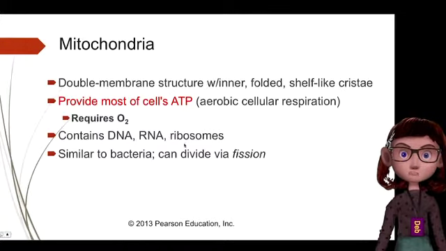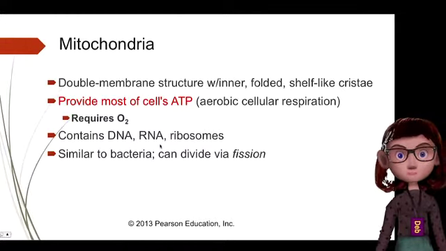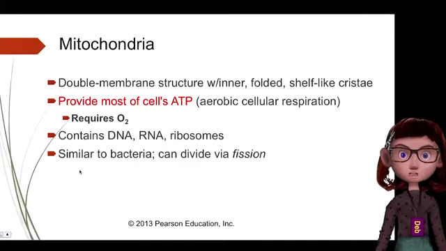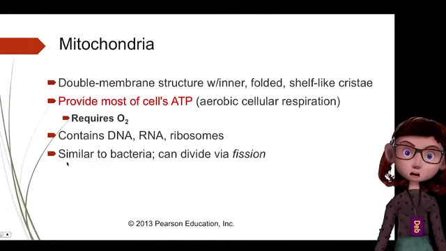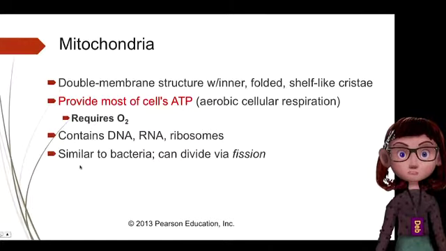And this is one of the clues that led scientists to come up with what we call the endosymbiotic theory, where in ancient times a mitochondrion was similar to a bacterium.